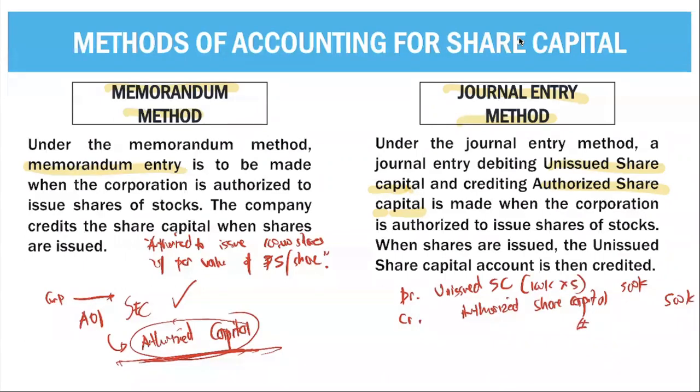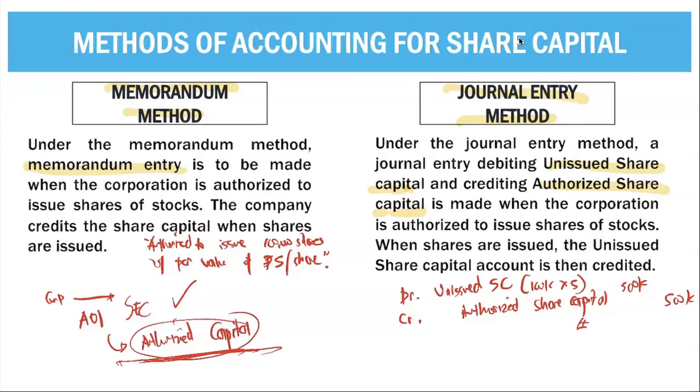So that's the difference of the accounting under memorandum method and journal entry method. In your memo method, we will make a memo entry. But in your journal entry method, we will make a journal entry. The journal entry is a debit to unissued share capital and a credit to authorized share capital.